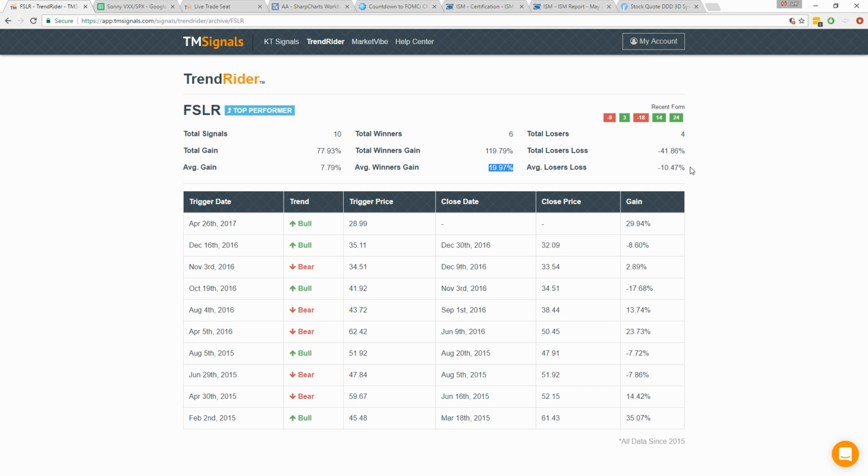So if I'm going to go out and buy an at-the-money option, and say, well, I got a trigger here on the TrendRider for First Solar, let me go buy a call option, and I buy at the money. What's going to happen? I'm going to pay up for it. I'm at the money or in the money, so I'm going to be paying a higher price. Am I going to have as much decay on a percentage basis?